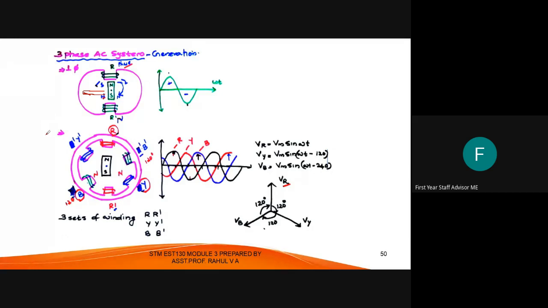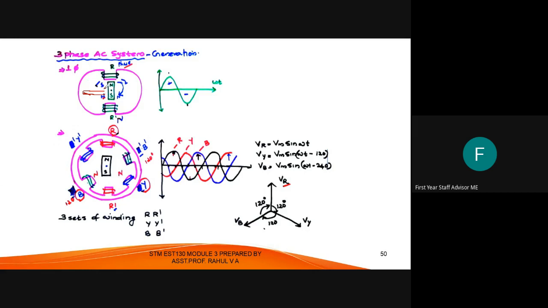So as this rotor keeps rotating, the flux linked with this coil will change, and due to the change in flux linkages, EMF will be induced. Also, we know from the second law that the magnitude of induced EMF is equal to the rate of change of flux linkages. So how fast it rotates determines the voltage, and the voltage magnitude will increase.